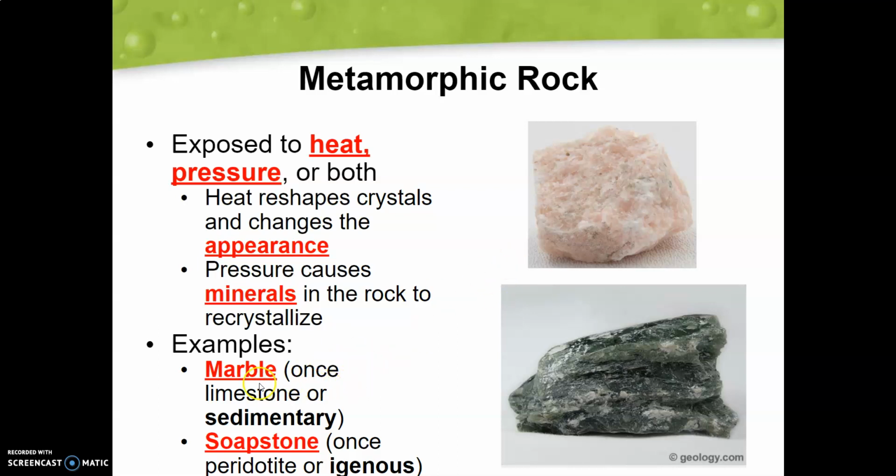The first type is marble. Marble was actually once limestone, and limestone was our sedimentary rock. This is our marble up here. And then soapstone was once peridotite, or igneous rock. We have our soapstone down here on the bottom.